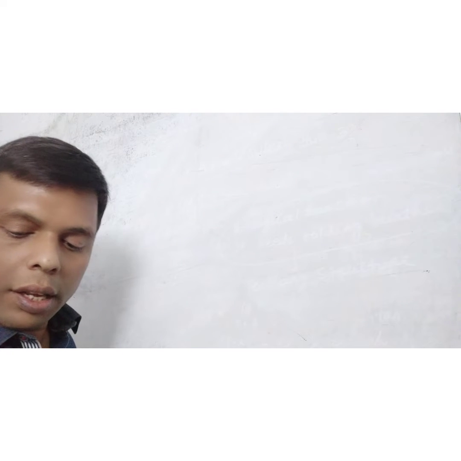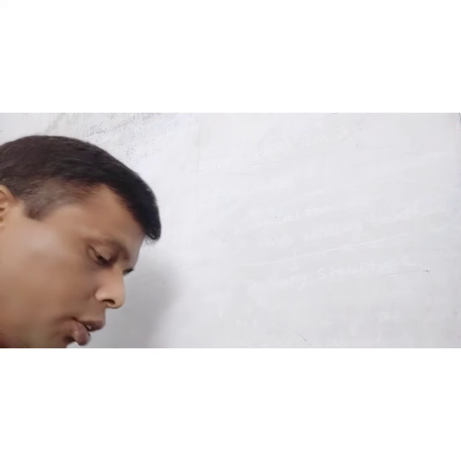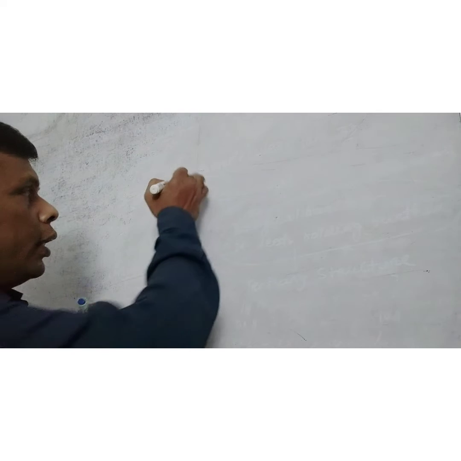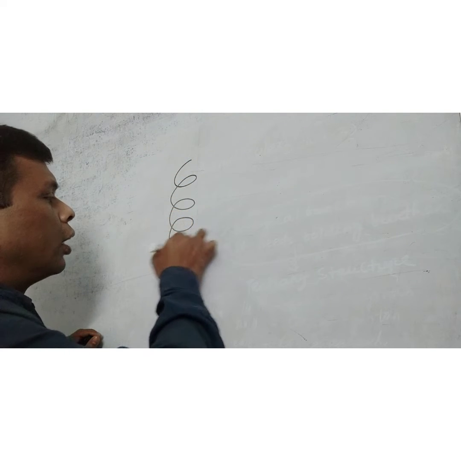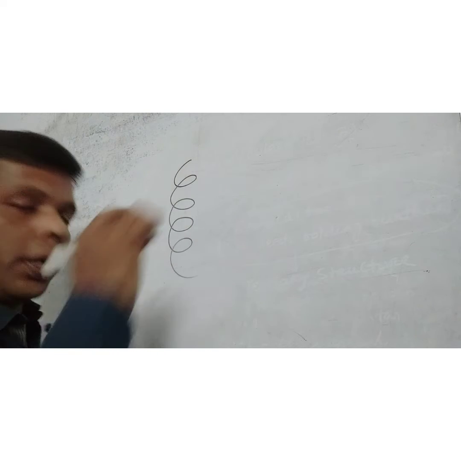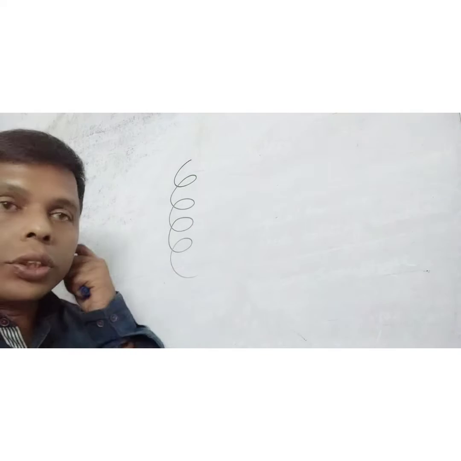In detail about tertiary structures: as we know, the biological function of a protein can be achieved by foldings. Suppose this is an alpha helix. The alpha helix means the helical arrangement of protein. It is a secondary structure.